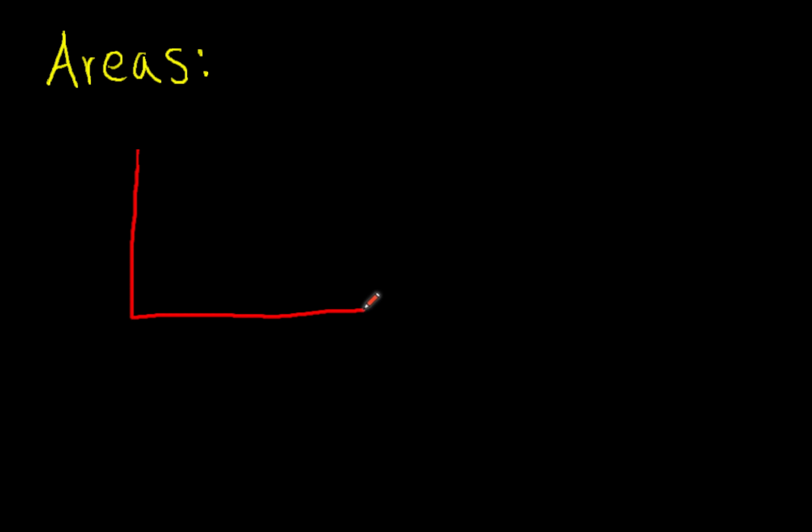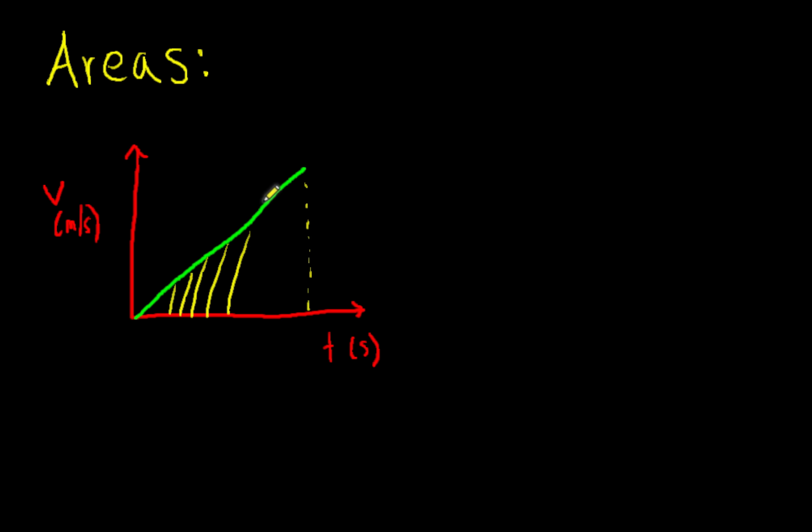We're also going to look at areas for v versus t graphs, because these are actually also useful. So here's a simple v versus t graph with a linear shape. Now, a triangle is created if you look at the shape between the curve and the x-axis variable time.